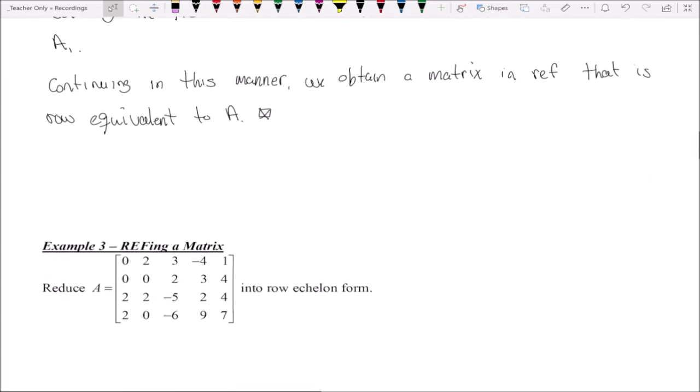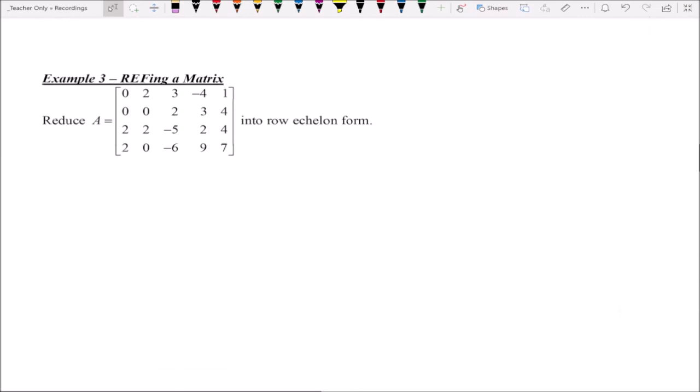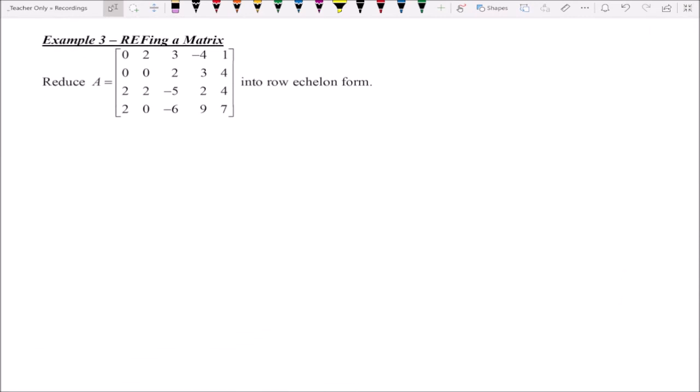We will now look at using this method, this algorithm, to put a matrix into REF form. Now, this process is extremely tedious. Good bookkeeping is going to be required for this.